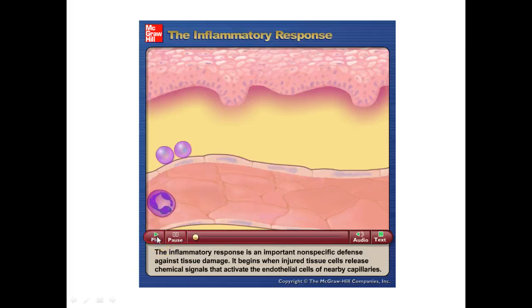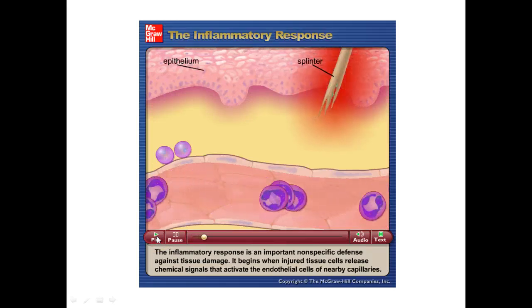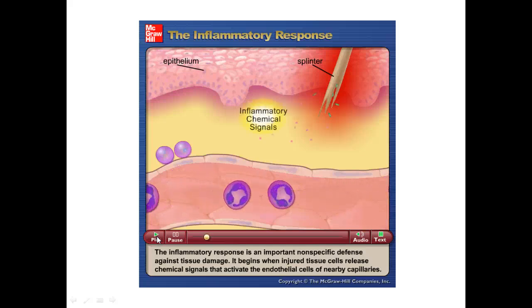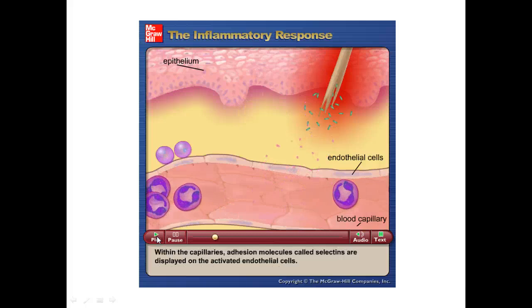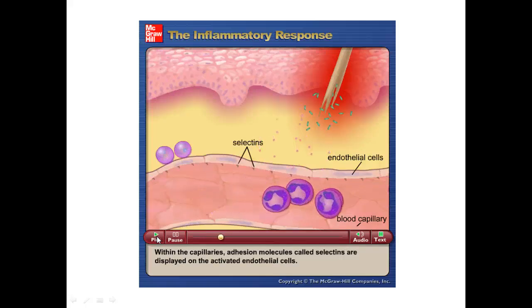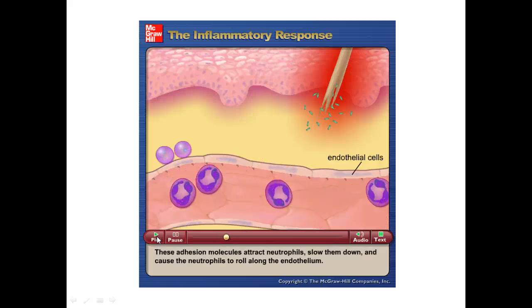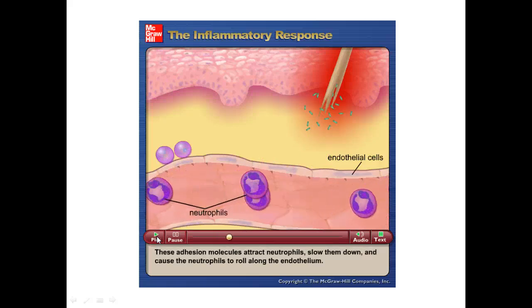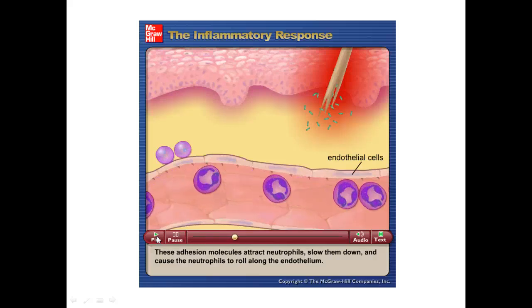The inflammatory response is an important, nonspecific defense against tissue damage. It begins when injured tissue cells release chemical signals that activate the endothelial cells of nearby capillaries. Within the capillaries, adhesion molecules called selectins are displayed on the activated endothelial cells. These adhesion molecules attract neutrophils, slow them down, and cause the neutrophils to roll along the endothelium.